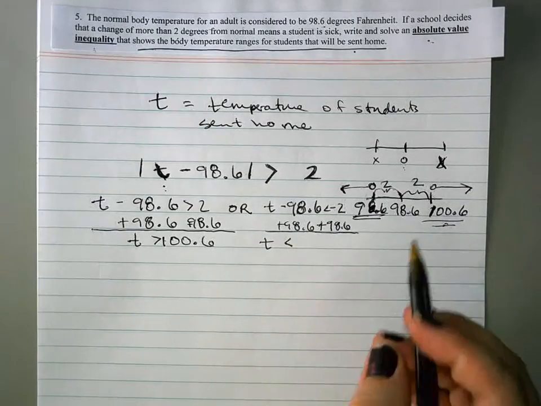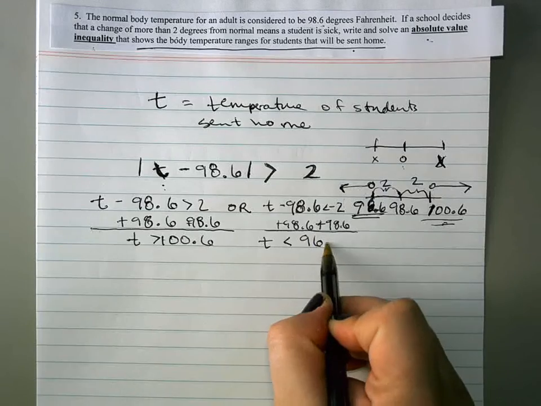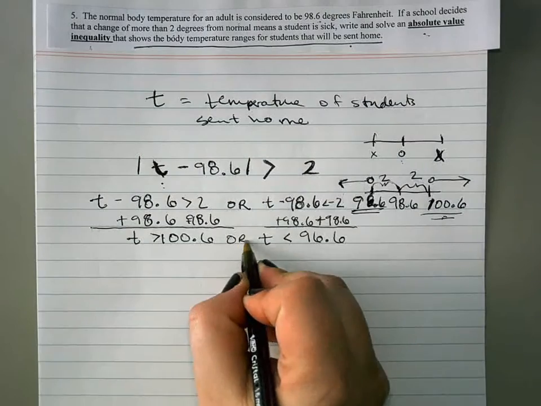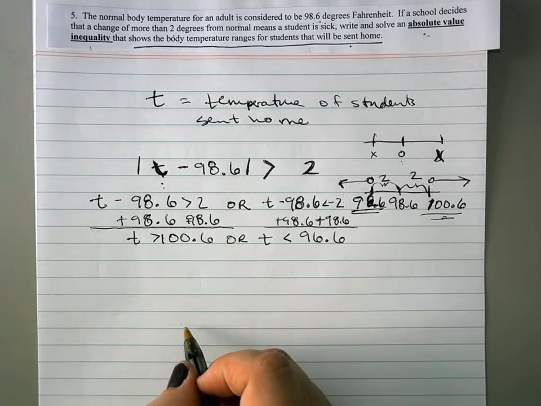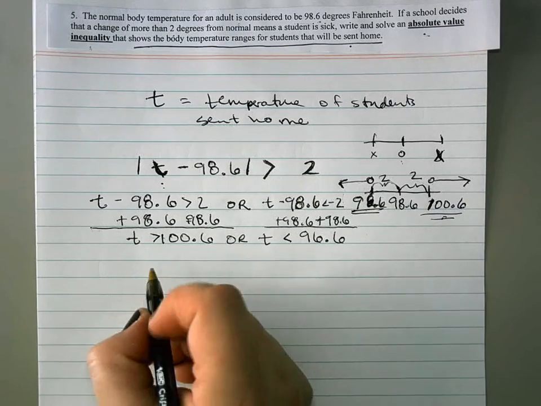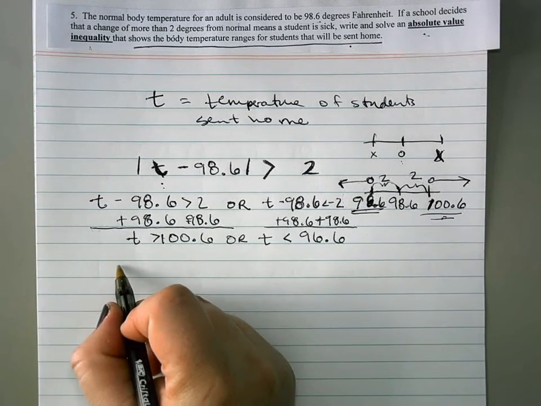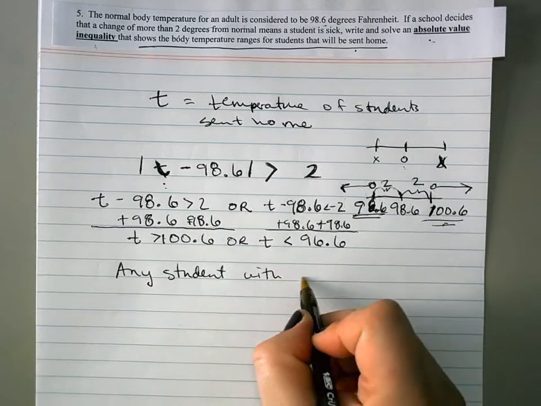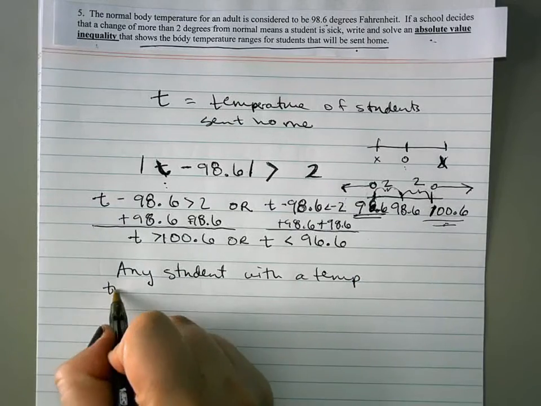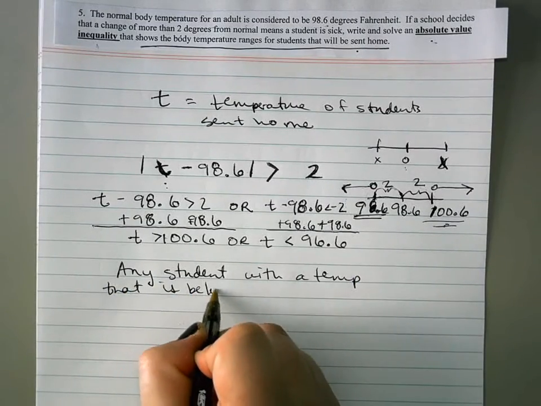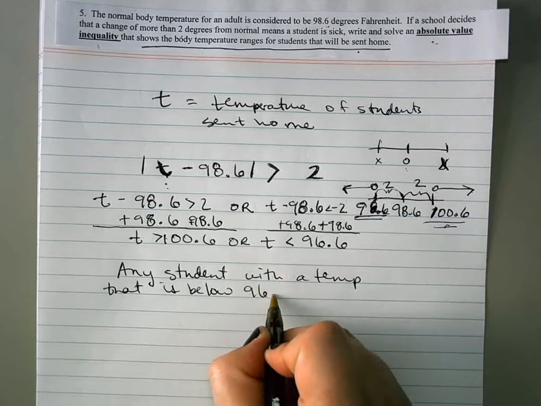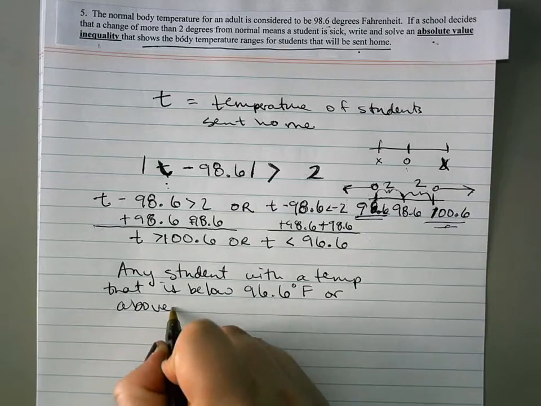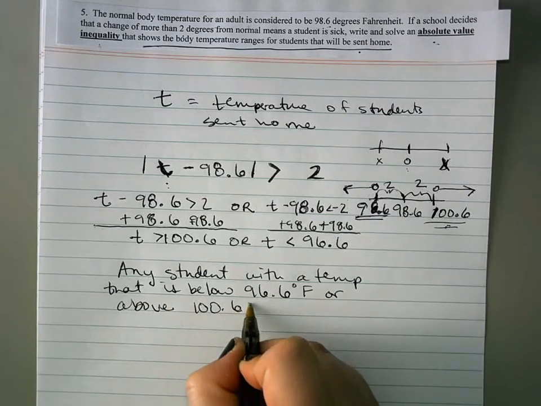The difference, 96.6, there's our lower range. So, if a student is going to be sent home, they have to have a temperature that is below 96.6 degrees Fahrenheit or above 100.6 degrees Fahrenheit.